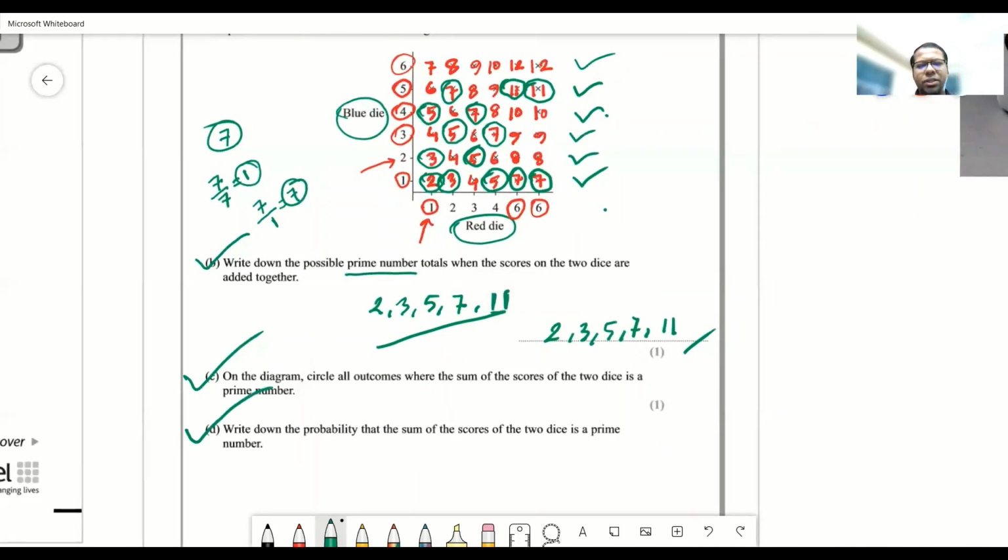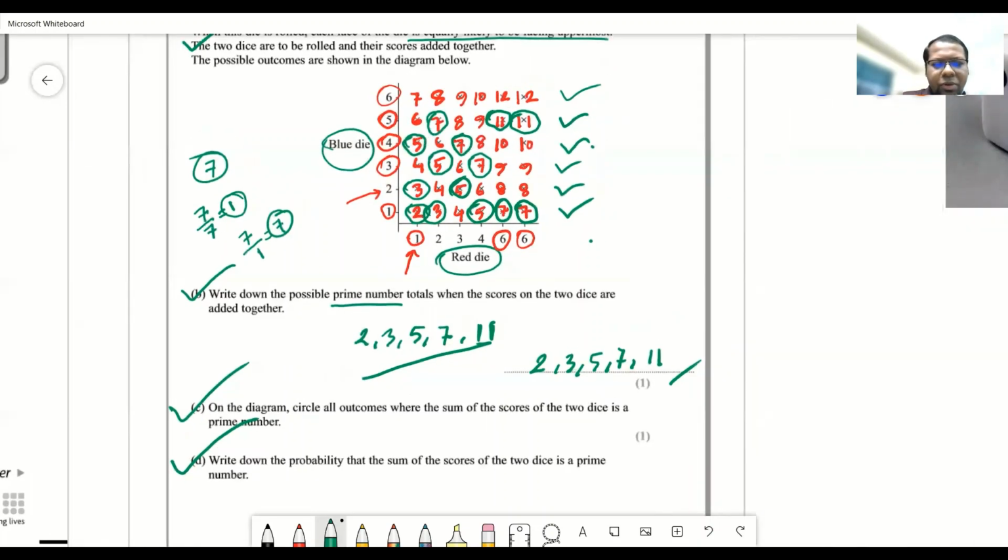Now question D: write down the probability that the sum of the scores of the two dice is a prime number. Now, what's the probability of getting a number which is actually a prime number? Okay, so we need to count how many prime numbers we have circled. It's 1, 2, 3, 4, 5, 6, 7, 8, 9, 10, 11, 12, 13, 14.